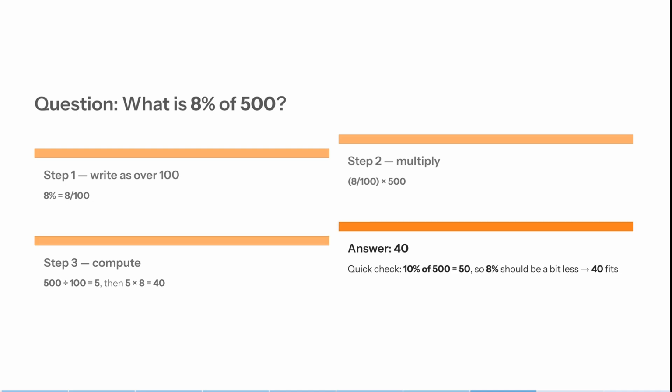So that gives us the answer 40. Quick check. 10% of 500 is 50. So 8% should be a little bit less than that. 40 fits, because we've got the 5 and the 8. 5 and 8, so 40 fits there, doesn't it? So yeah, we can do it just as a quick check in the exam.